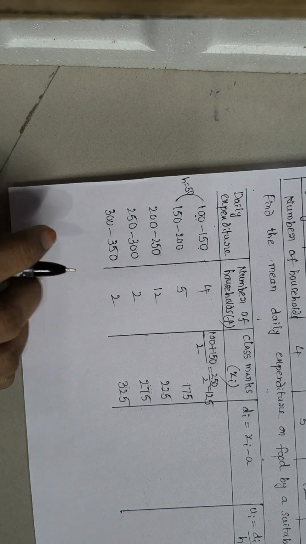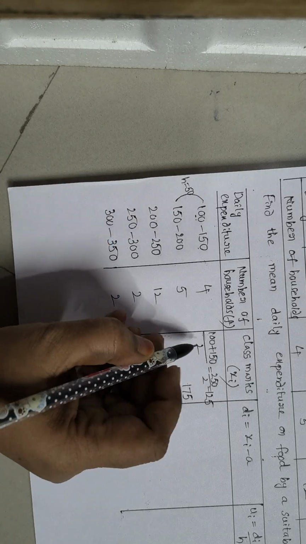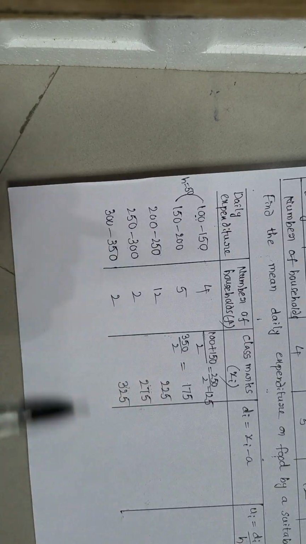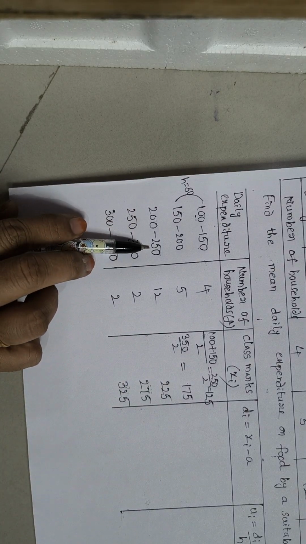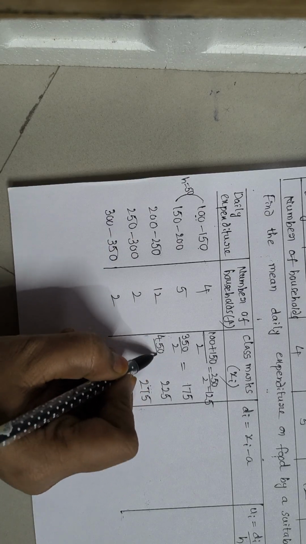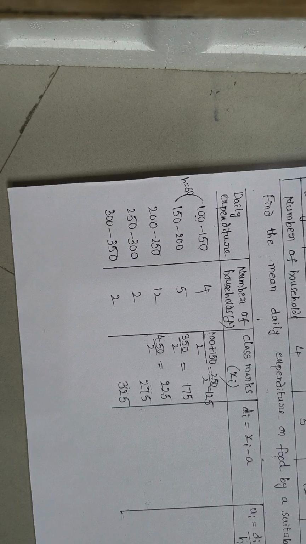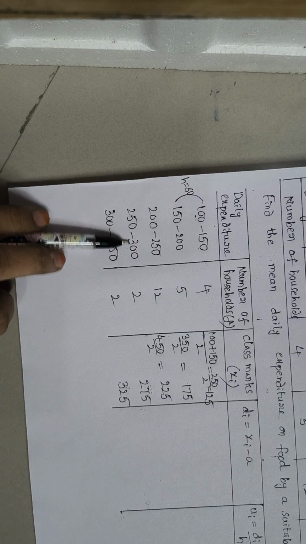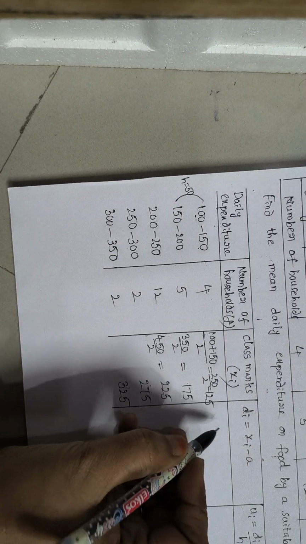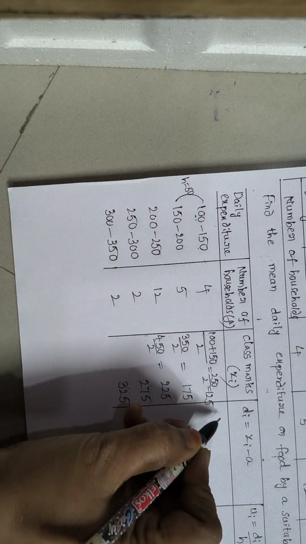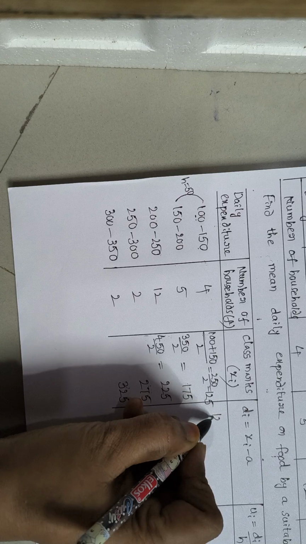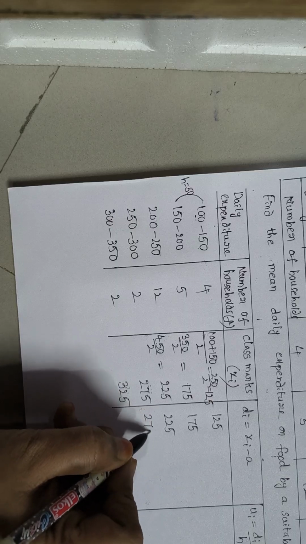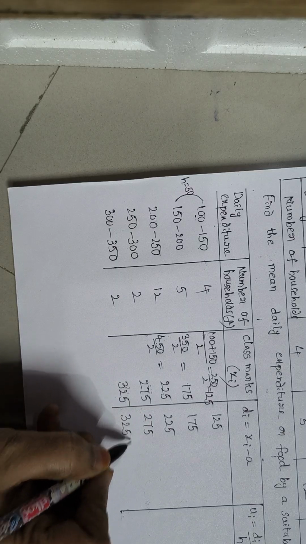Here we can check the mid values. 150 plus 200, that is 350 by 2, which is 175, and 200 plus 250, which is 450 by 2, equal to 225. So we can find class marks by taking the mid values. Okay.